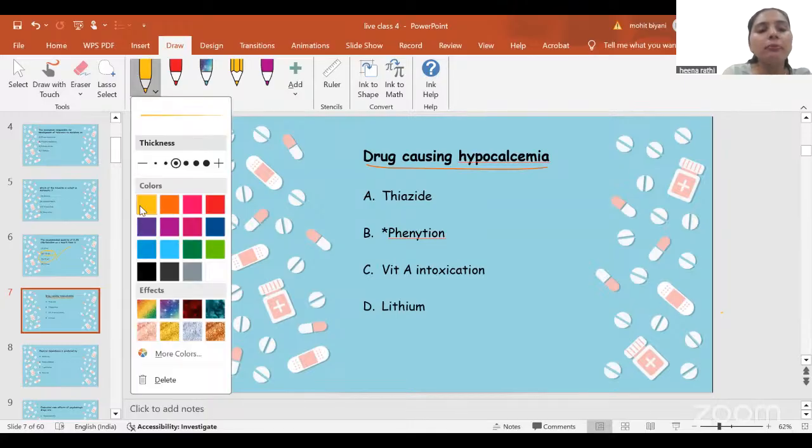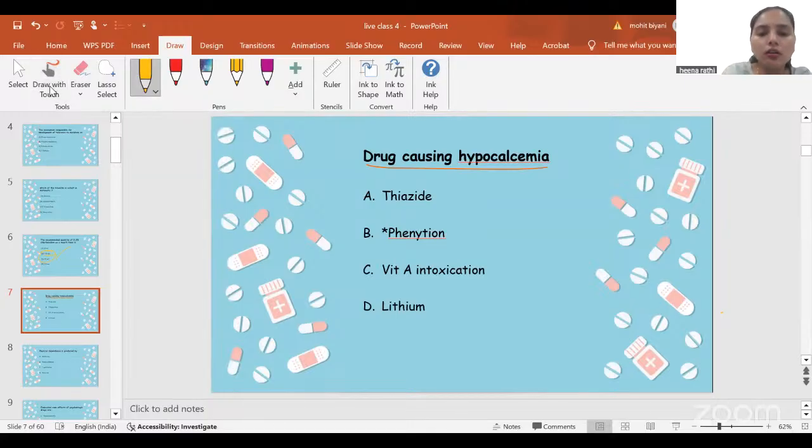We can remember these two drugs by the name loop drugs. Loop and P drugs are drugs which are going to decrease the calcium level in the body. What is loop? Loop is the diuretic.